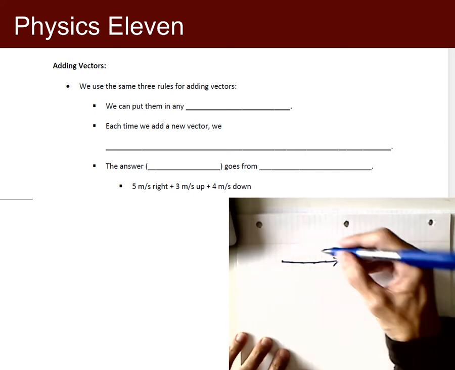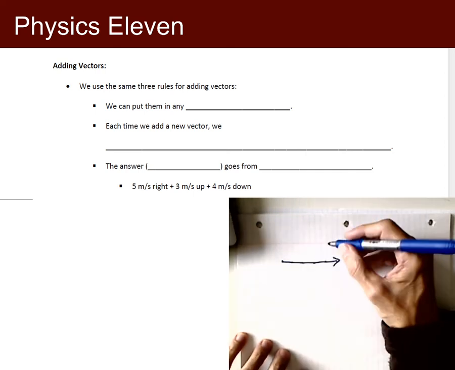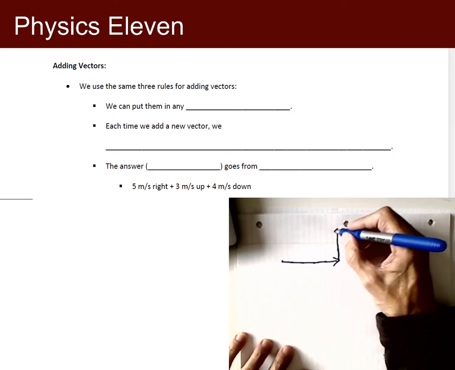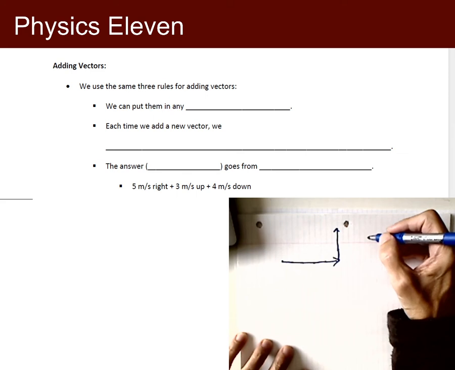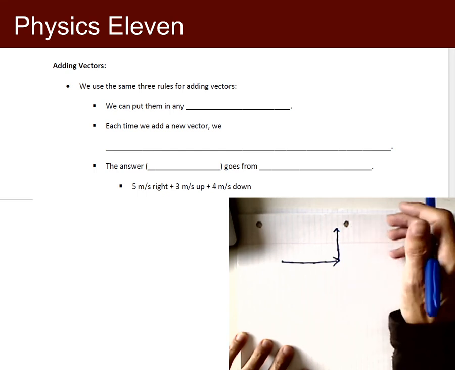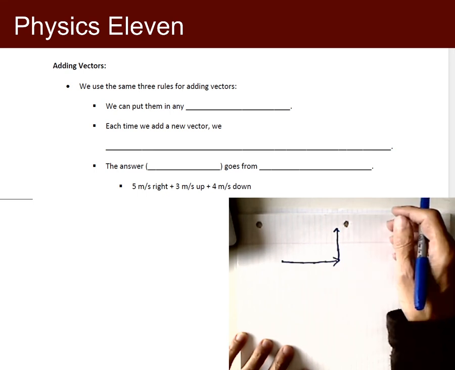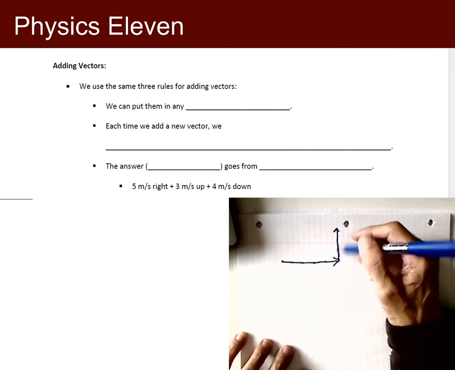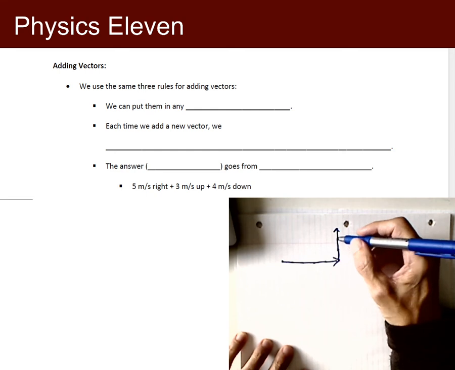Next, we go up by 3 from here. So, trying to keep the same scale, 1, 2, 3. I'm now up there by 3. This length representing meters per second. And then once we've gone all the way up, we're going to go down by 4.